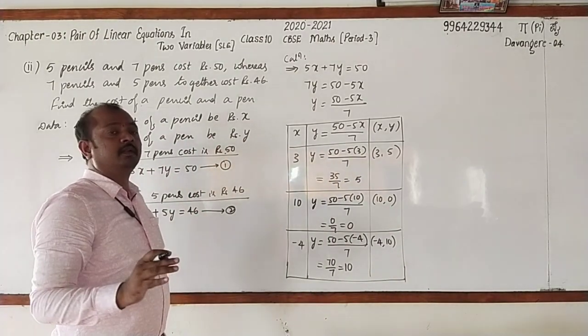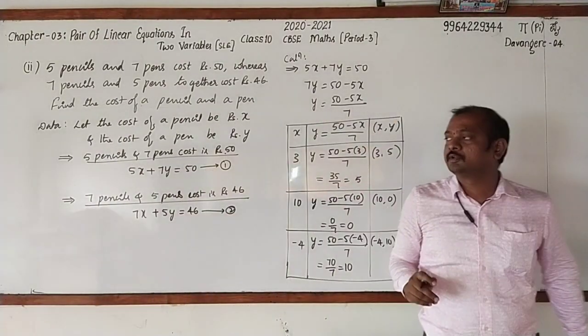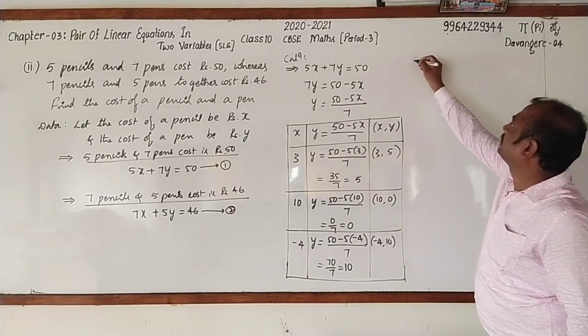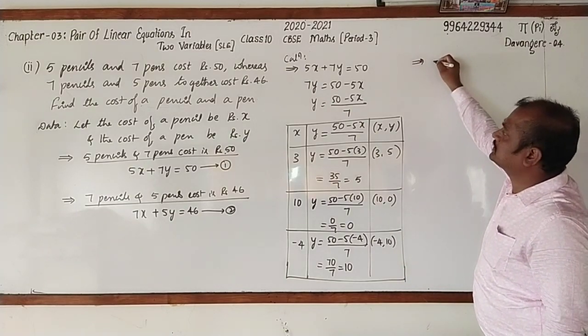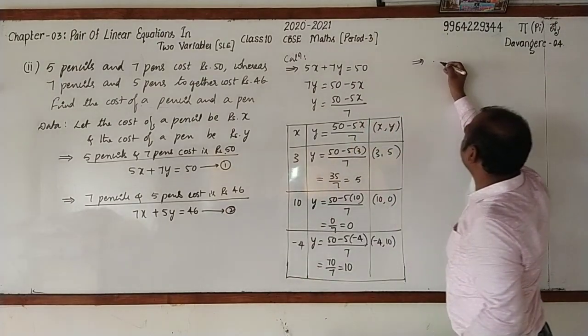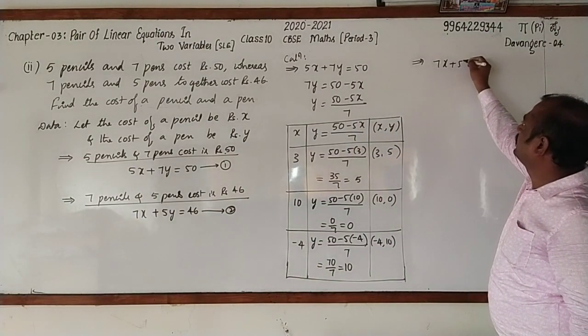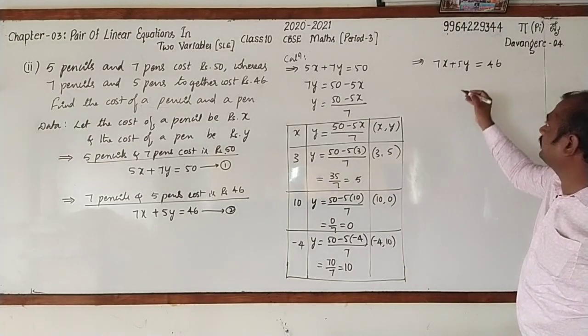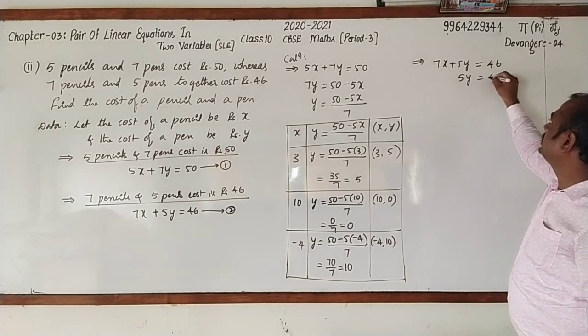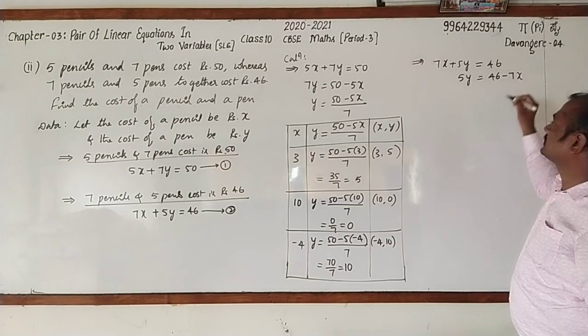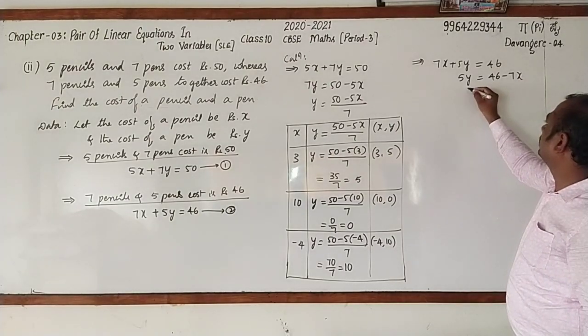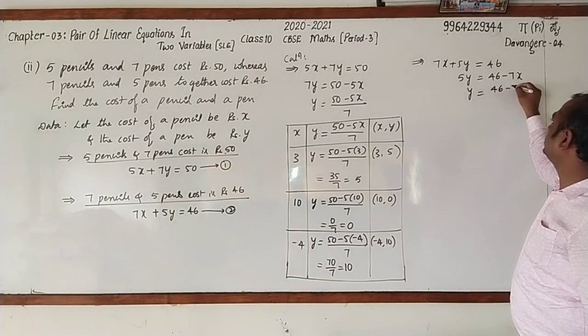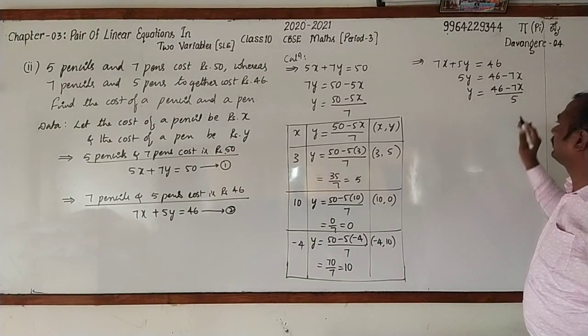Yes. Next, let's move on to the second equation. Second equation is 7x plus 5y equal to 46. Solve for y from this. 5y is equal to 46 minus 7x. Then y is equal to (46 minus 7x) by 5.